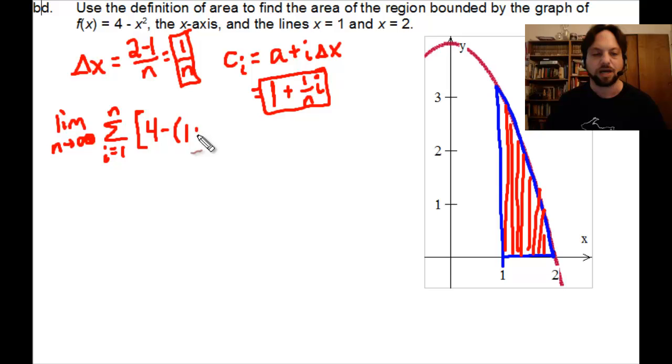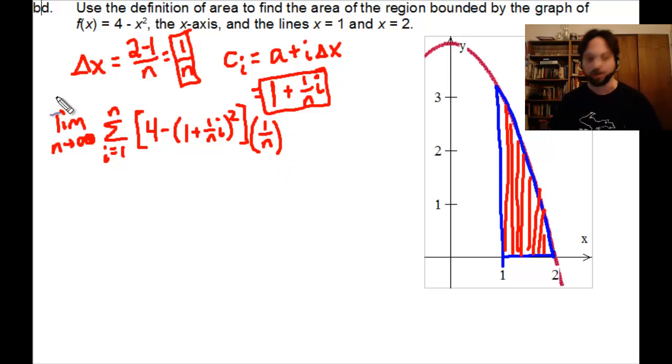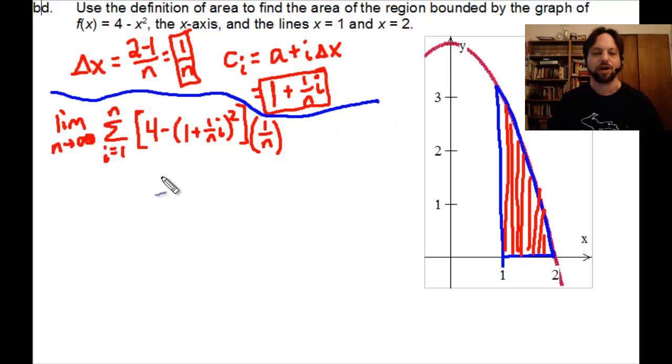So 4 minus, here's our c sub i, and I need to square that. So there is f of c sub i, and then we need to follow that with delta x, which in this case is just 1 over n. And I apologize for all of my writing flying together here, but there we go.